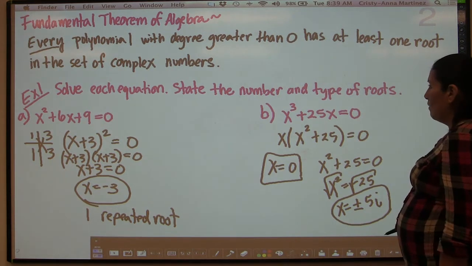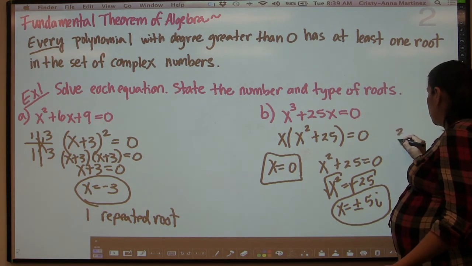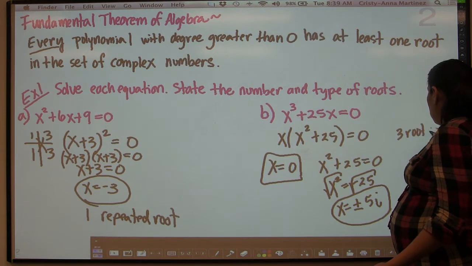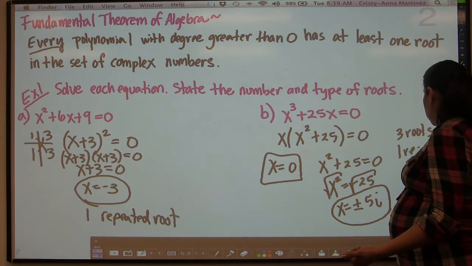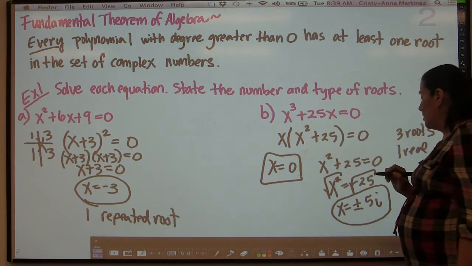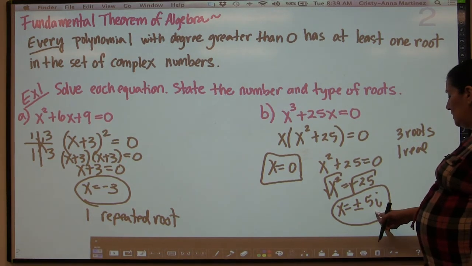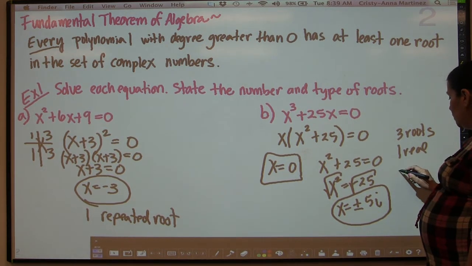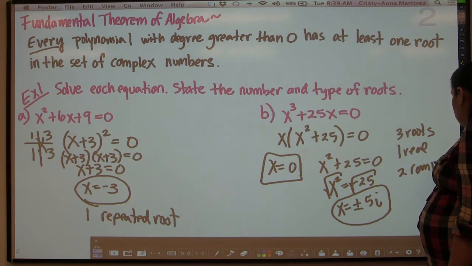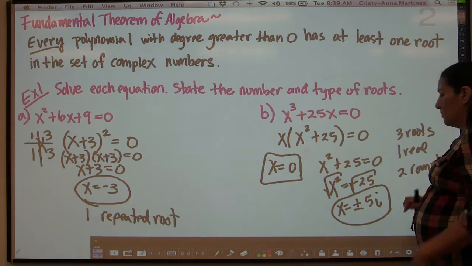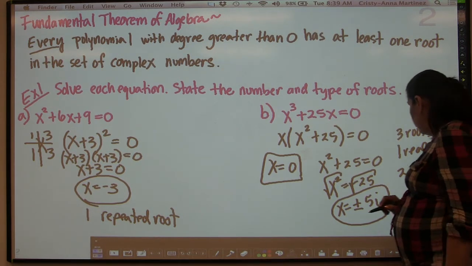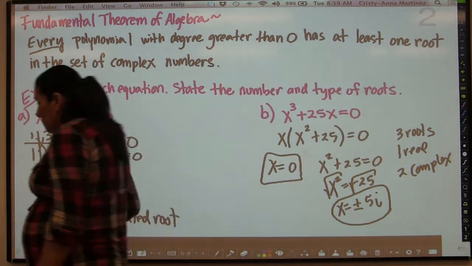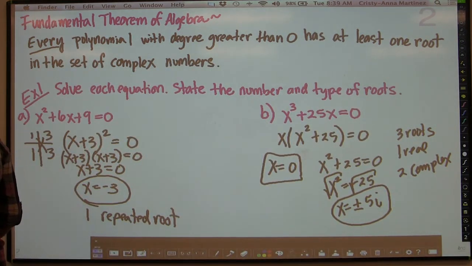Now you want to state the number. We have 3 roots, but one of them is real because the 0 is a real root, and the other two are imaginary. So you have 2 complex. That stems from the previous lesson where we talked about real versus complex roots. That is how you determine your number and type of root.